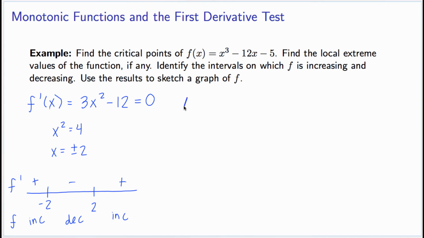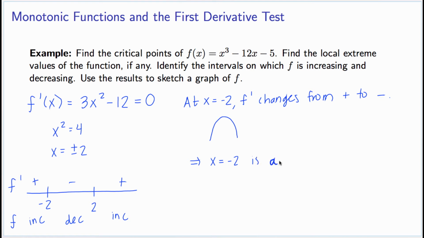So what we see is that at x equals -2, f prime changes from positive to negative. And this tells us our function goes from increasing to decreasing. So this tells us that x equals -2 is a local maximum value of our function.